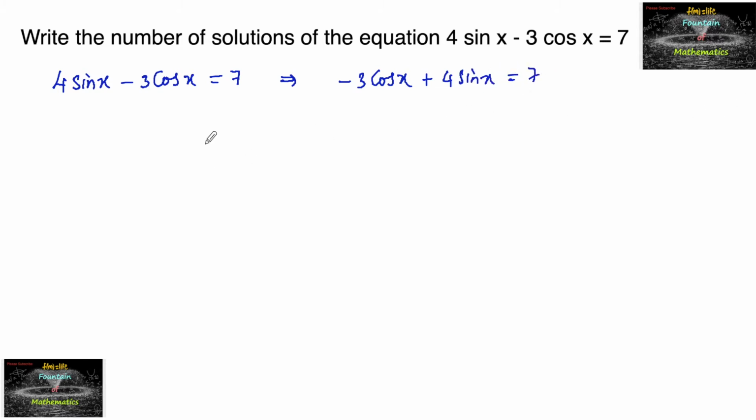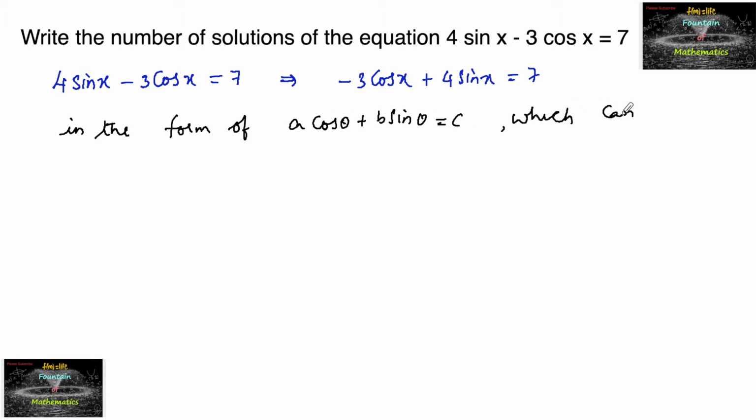So which is in the form of a cos theta plus b sin theta is equal to c, which can be solved only if mod c is less than or equal to root over a square plus b square.